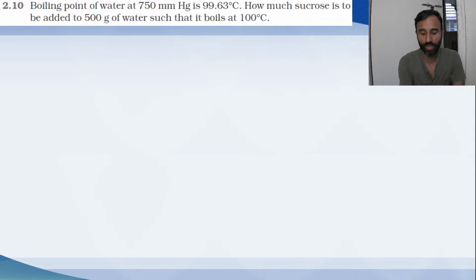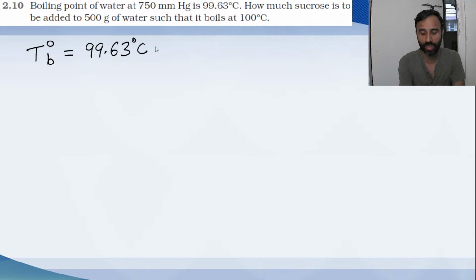So how much sucrose is to be added to 500 gram of water such that it boils at 100 degrees Celsius? That means T naught B is equal to 99.63 degrees Celsius. That is boiling point of pure water.